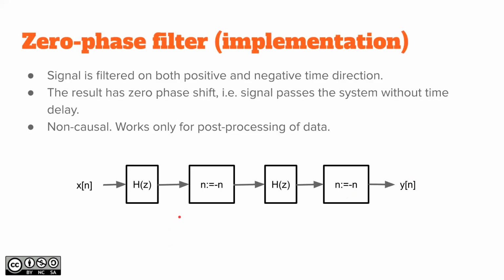See here, does n equals minus n block mean a symmetrical window? No, this actually means that you are time reversing the data. So here you have x of n at that point. Okay, now I can annotate again. Text with red.